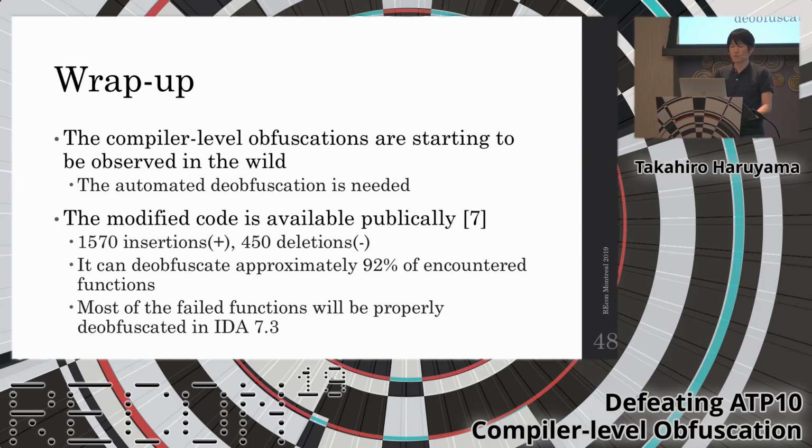The modified code is available publicly. It can de-obfuscate almost every function on IDA 7.3, except the next block number guessing algorithm failure case. I hope this research will be valuable for other malware researchers.